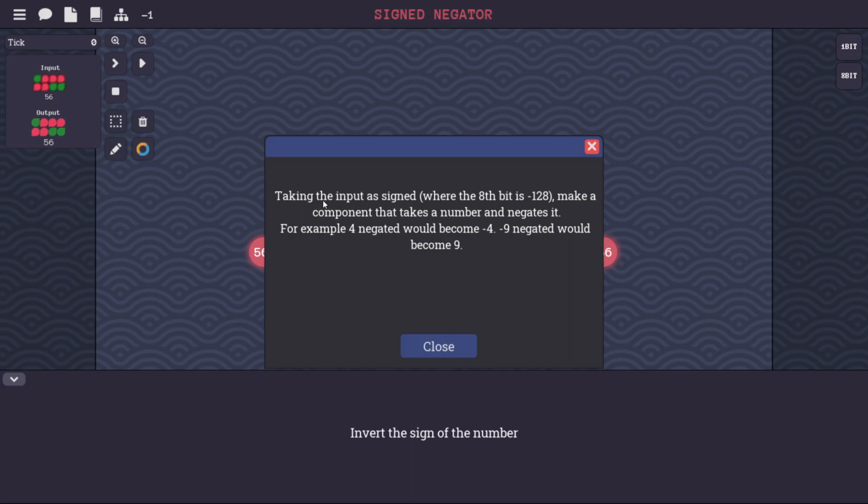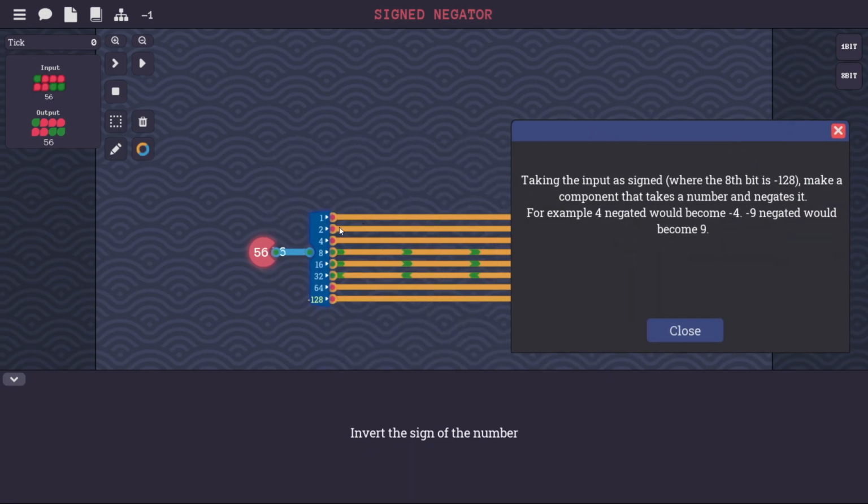Again, the level says taking the input signed, whereby the 8th bit, which is 1, 2, 3, 4, 5, 6, 7, 8, is the 8th bit.